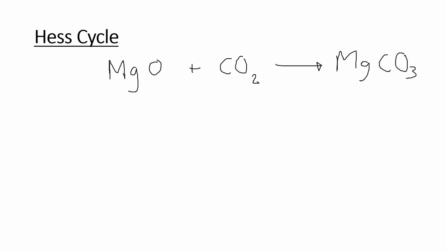So to bring this all together, let's go back to our Hess cycle that we had at the very beginning. The magnesium oxide plus the carbon dioxide gives magnesium carbonate. But we can't measure it directly, delta HR. But what we can do is add magnesium oxide to acid and magnesium carbonate to acid to give the neutralization products.